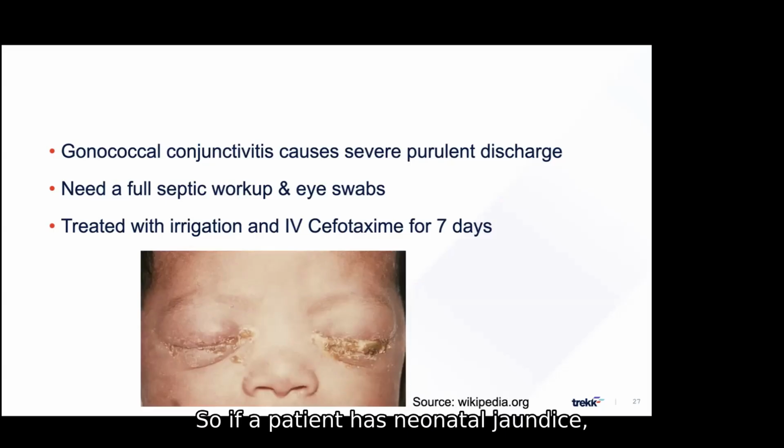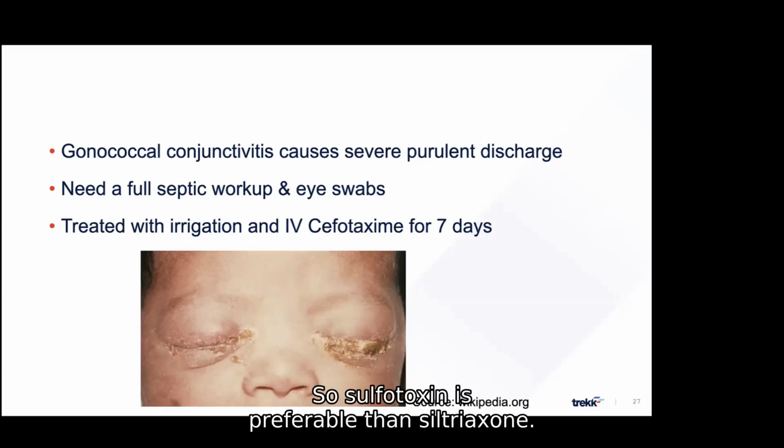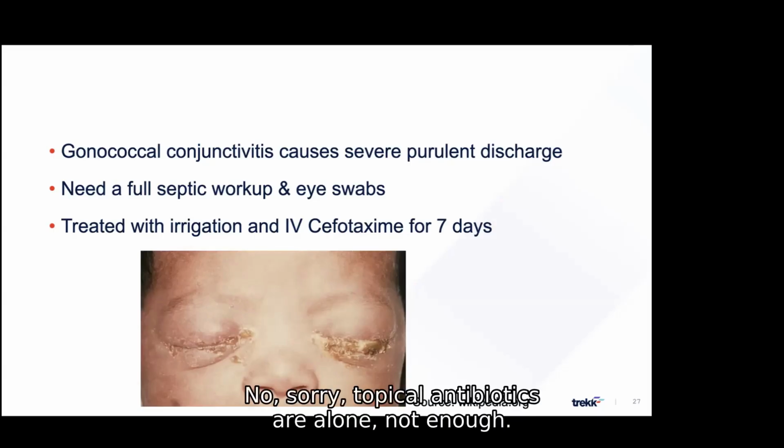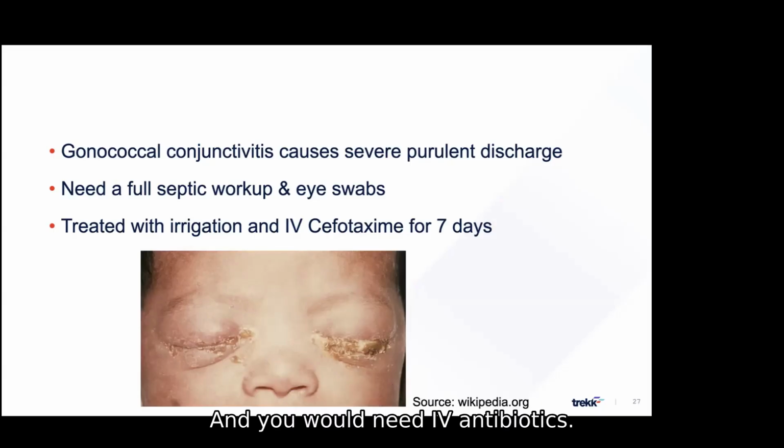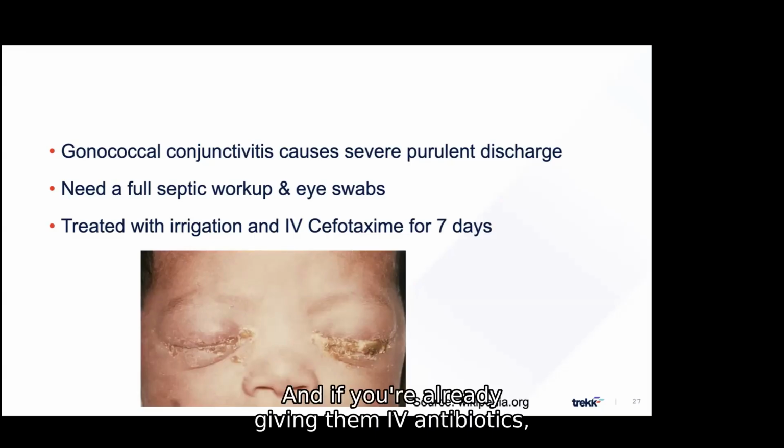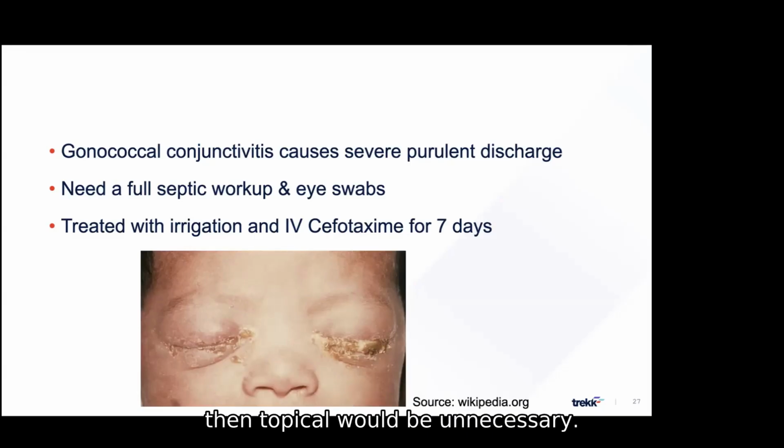So if a patient has neonatal jaundice, that might make it worse. So cefotaxime is preferable to ceftriaxone. Now, sorry, topical antibiotics alone are not enough, and you would need IV antibiotics. And if you're already giving them IV antibiotics, then topical would be unnecessary.